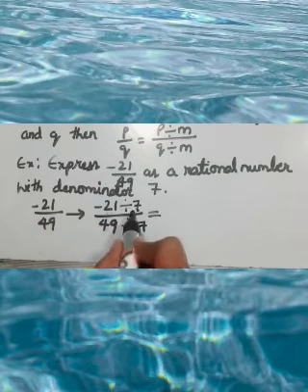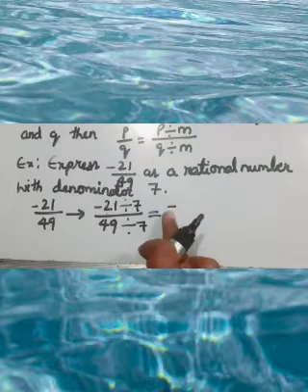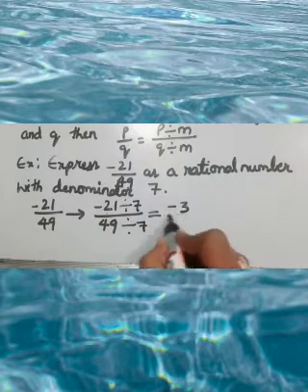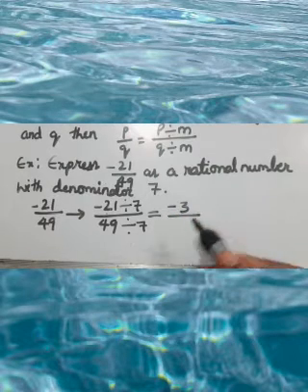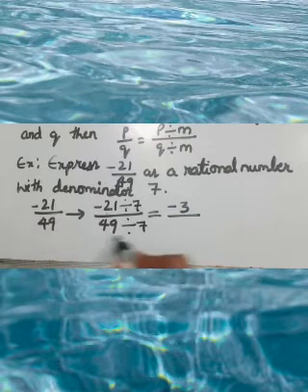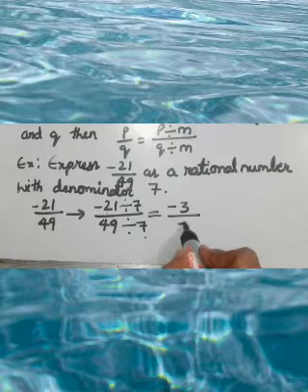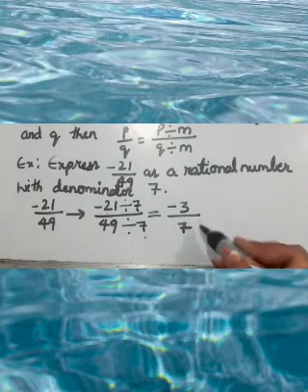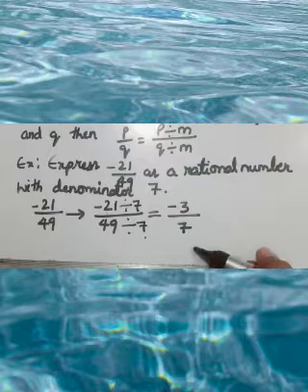Minus in the numerator, plus in the denominator, so we have a minus sign. 21 by 7, 7 3s are 21. So minus 3 is the answer. In the denominator, 49 by 7 is 7 again, 7 7s are 49. Hence, minus 3 by 7 is the required rational number.